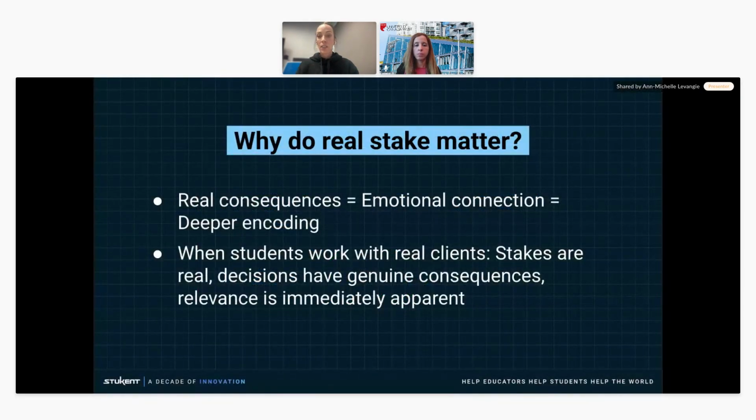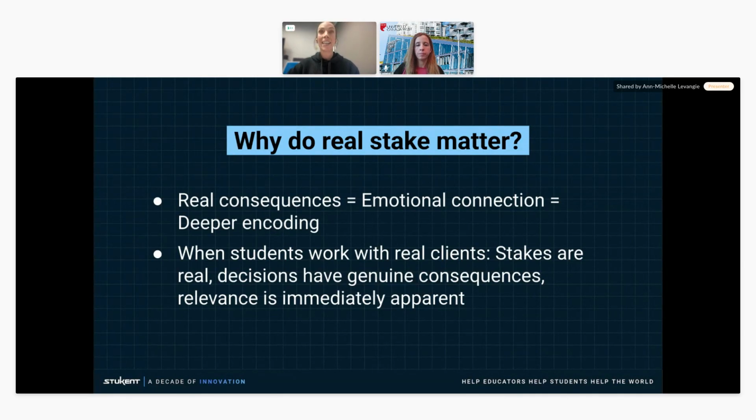So this is expanding on that. When we have these real stakes, when we're working with clients and encountering new obstacles, the kinds of things you only see in the real world and aren't going to come up in the classroom or in case studies. I guess sometimes case studies do represent interesting problems, but they can never really compete with what students suddenly discover in real life. And it has an emotion connected to it, right?